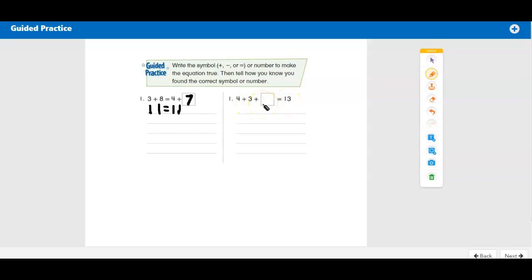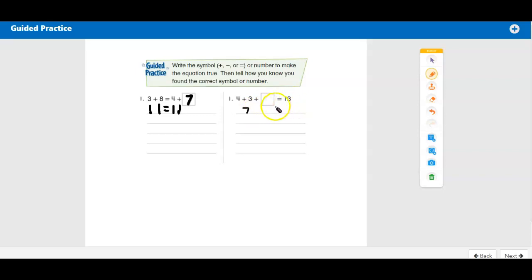So what is this missing number that would equal to 13 with all of this added together? So let's start by adding together 4 plus 3. What is 4 plus 3? If you have 4, you add 3 more. That would be 5, 6, 7. So 4 plus 3 is equal to 7.